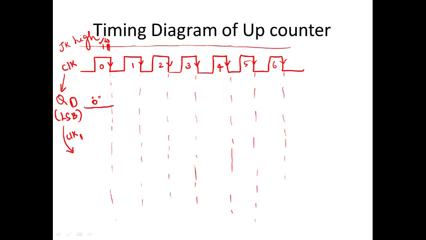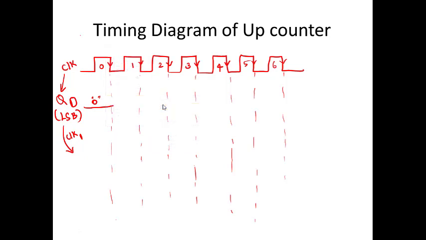So, you have a negative edge trigger. Once you have a falling edge of your clock, whatever may be the input. So, now your input is here. Assume that JK input is high only from this point.